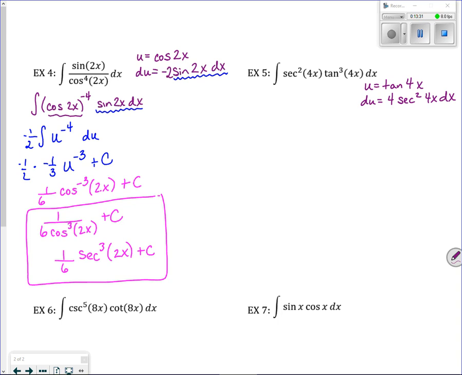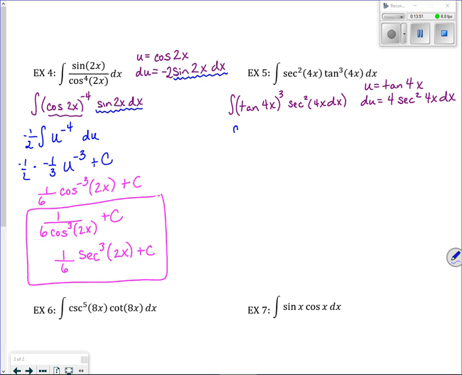Because if this integral is tangent of 4x cubed secant squared of 4x dx, remember when you do the u sub, it should get to something that is easily integrated.